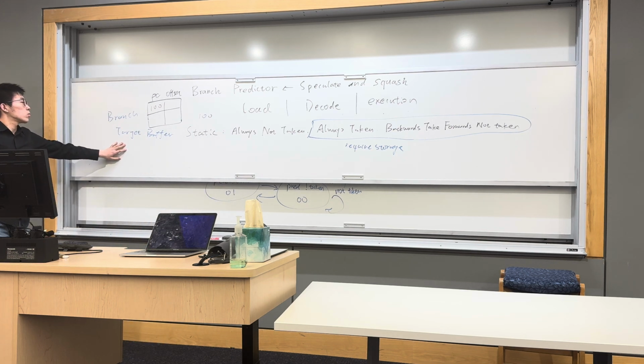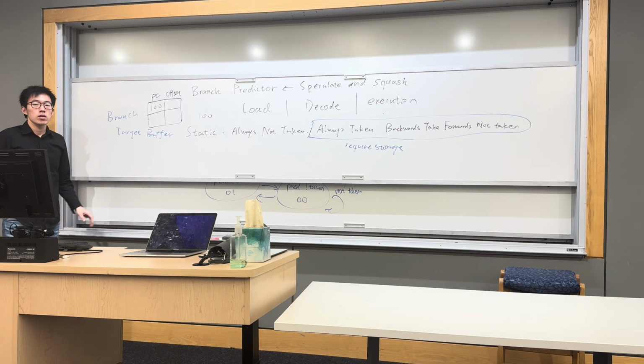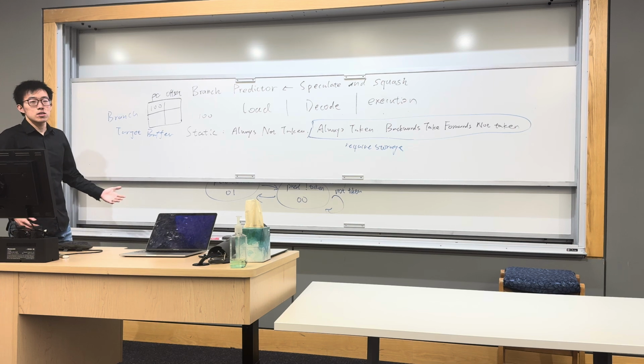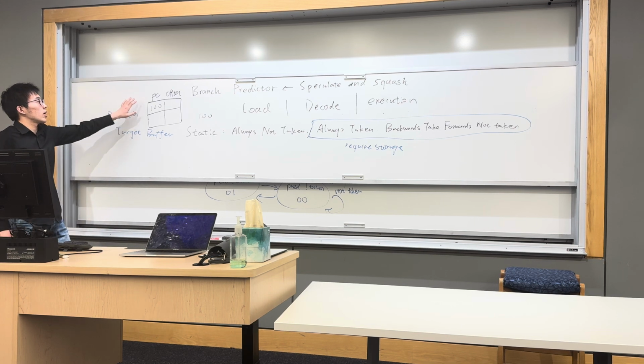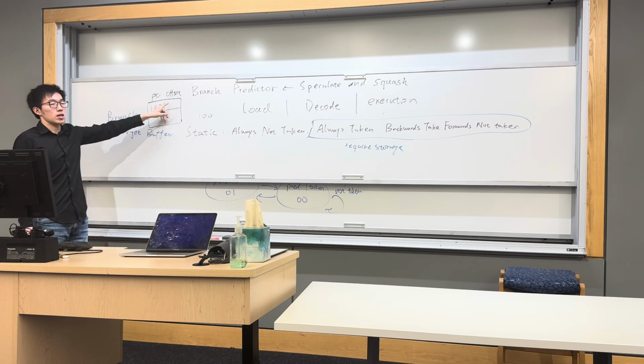And that's why we use a branch target buffer. We can understand this as either a dictionary or a hash map. We have a key that is the PC and a value that is the offset.